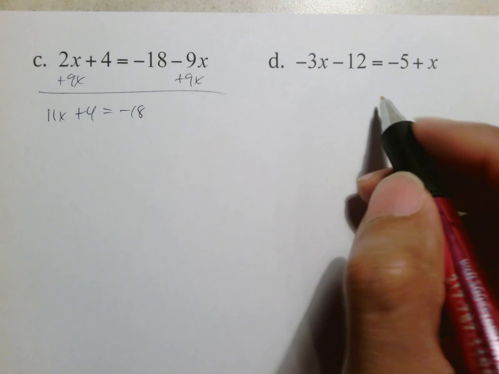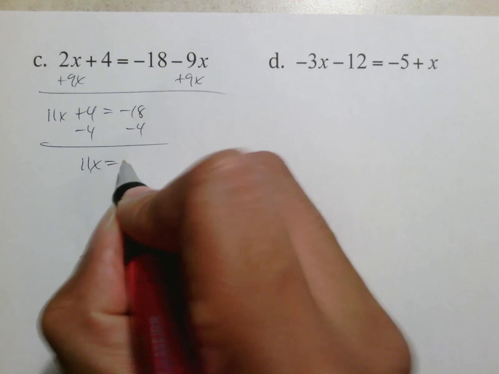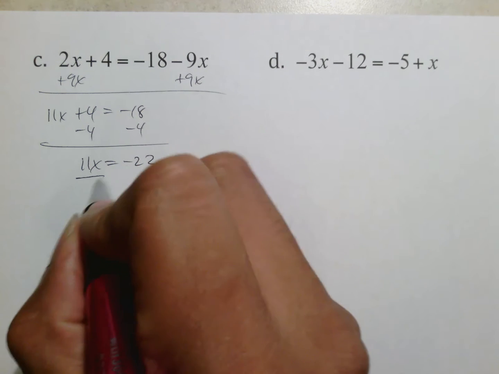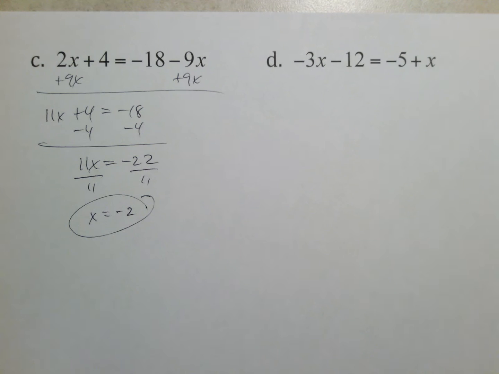Home once again, ready to go. Subtract 4, subtract 4. 11x equals negative 22. Again, if you don't know why it's negative 22, type that in for yourself. Divide by 11, getting the answer of x equals negative 2.